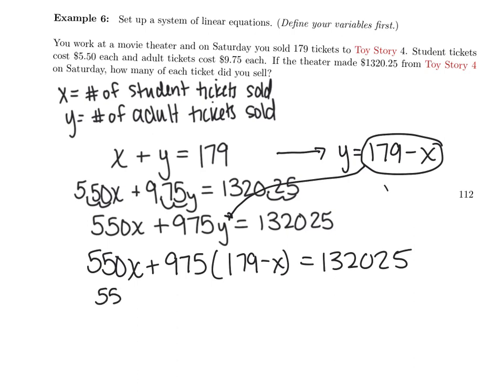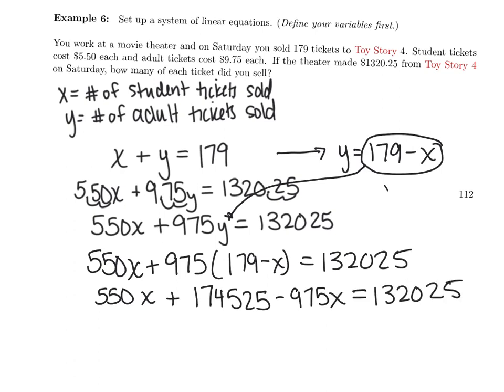So 550x plus 975 times 179 is a great big number. I'm going to combine like terms. So combine our x's. We get negative 425x plus 174,525 equals 132,025.